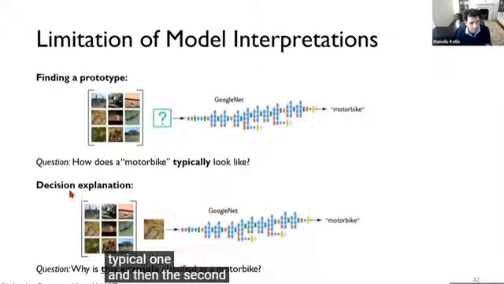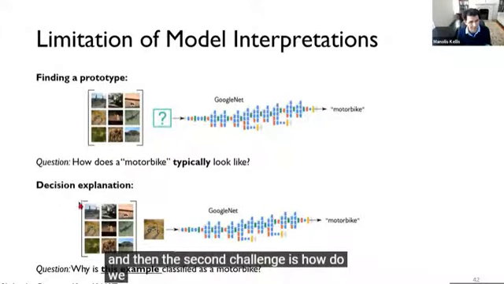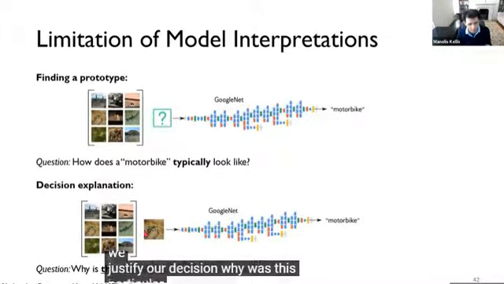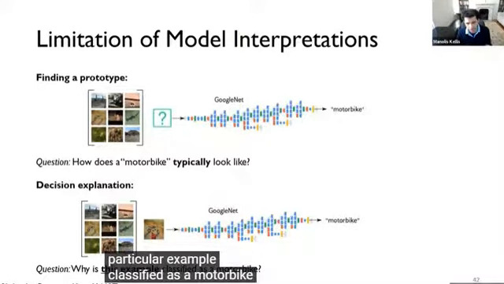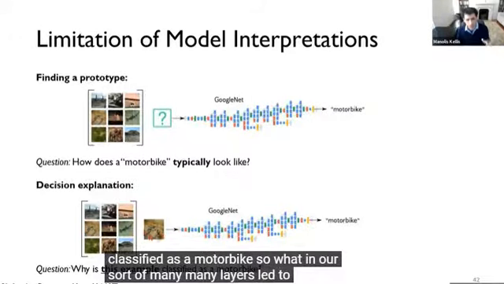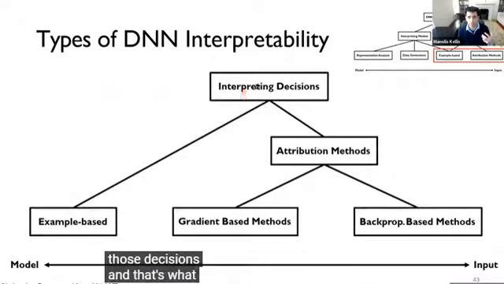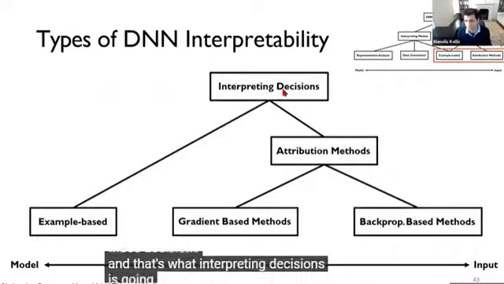And then the second challenge is, how do we justify our decision? Why was this particular example classified as a motorbike? What in our many, many layers led to that example being a motorbike? Can we justify those decisions? That's what interpreting decisions is going to be all about.